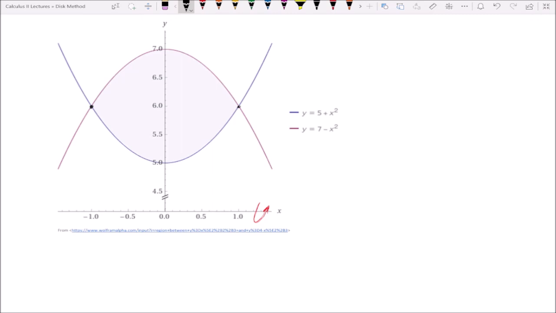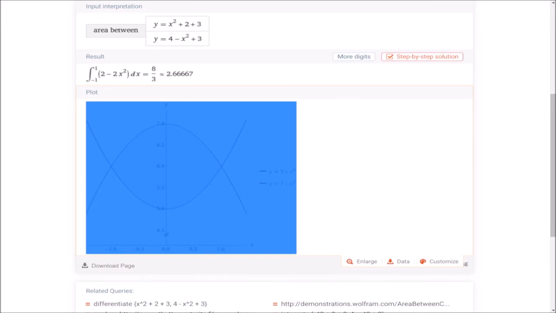Well, they're easy to find, right? To find them, just go 5 plus x squared is equal to 7 minus x squared, and solve for x. This can also be done using Wolfram Alpha. It can also be done on your calculator.